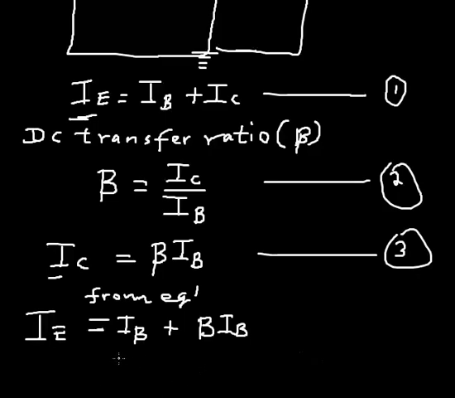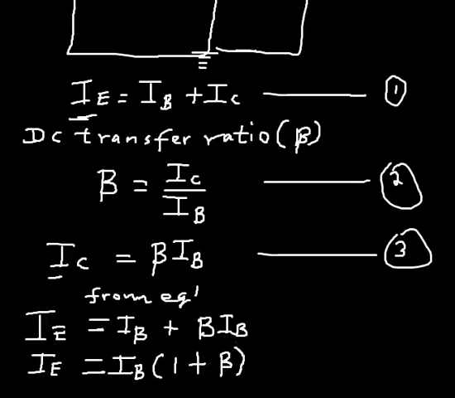IB here is a common factor, so I take it out and open a bracket. This is going to be equal to 1 plus beta.